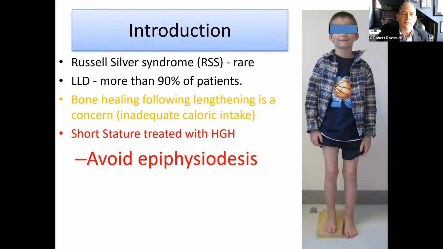Russell-Silver syndrome is a rare condition, but leg length discrepancy is present in more than 90% of patients. One should be concerned about the potential of bone healing in this group of patients because they have inadequate caloric intake, and they tend to have physical developmental delays, they tend to be small, and they have a failure to thrive as part of the natural history of the condition.